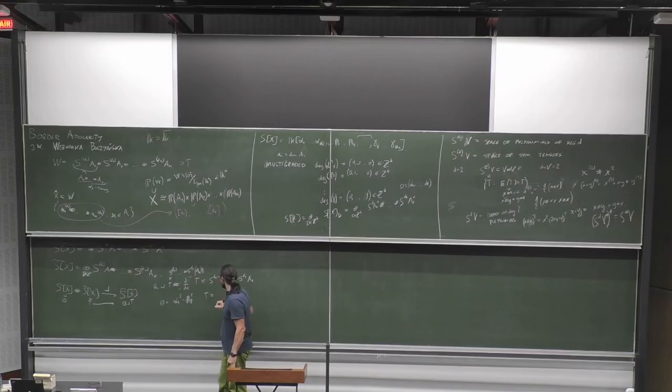And t is a tensor that I would write as x1. x1 is the coordinate that's dual to alpha 1. Something like that, maybe. I added all the brackets.